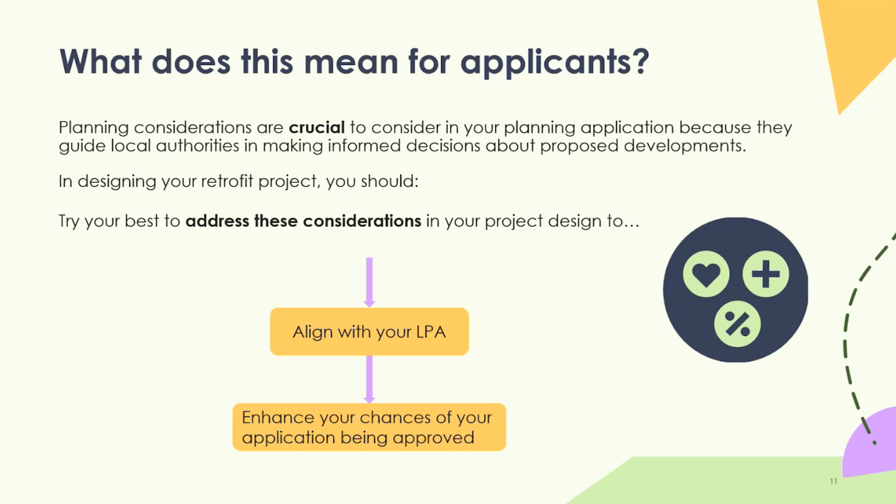So what does this mean for you as an applicant? Well, planning considerations are crucial to consider in your overarching planning application, because you need to be aware of what your local authority is saying, and you need to take account of that in the proposals you're putting forward.